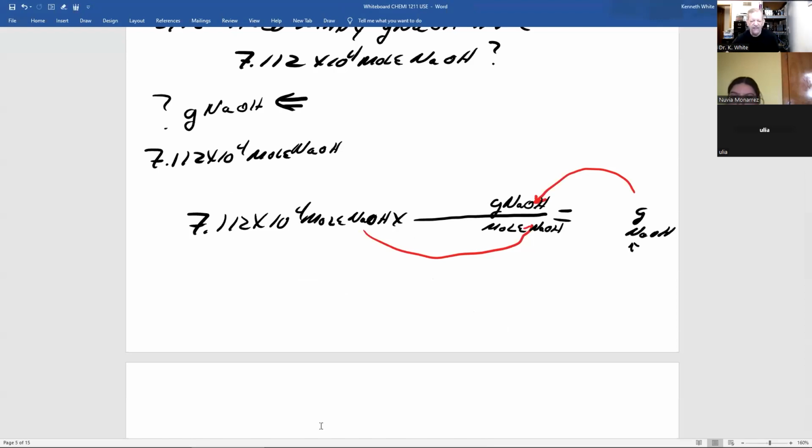So I know for every 1 mole of a compound, you have the molecular weight in grams of that compound. Well, the molecular weight of sodium hydroxide is the sum of all atomic weights. There's 1 sodium, 1 oxygen, 1 hydrogen.